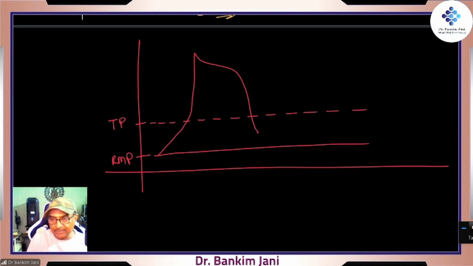Now once it has crossed the threshold potential, there is some abnormal electrical activity going on. Some electrolytes are coming and going, but the heart is not responding. And suddenly a large amount of sodium has entered, and somehow the voltage has reached the threshold potential.